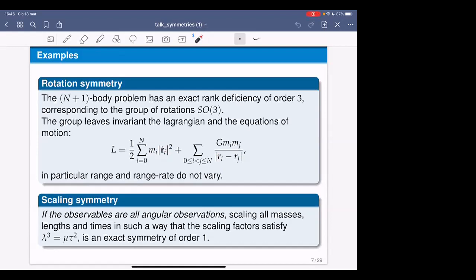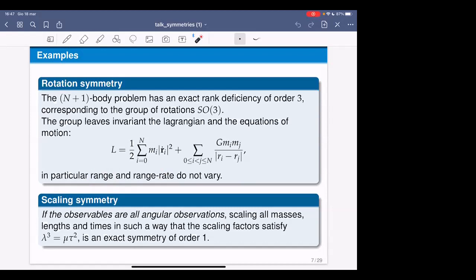So the equations of motion do not vary, and in particular the observables range and range rate, which is simply the derivative of range, basically the relative velocity between the 2 points, let us say the Earth and Mercury, do not vary.